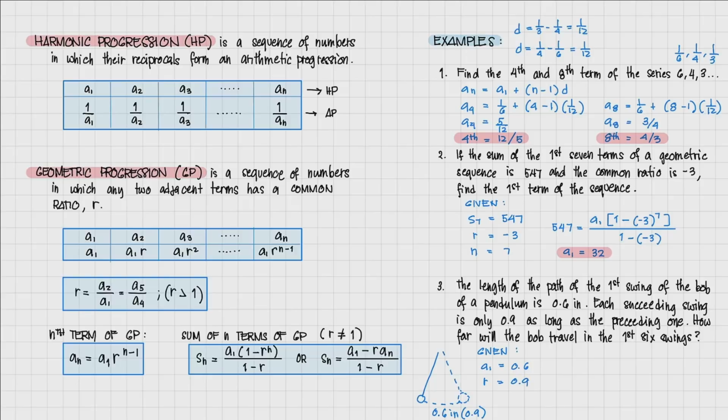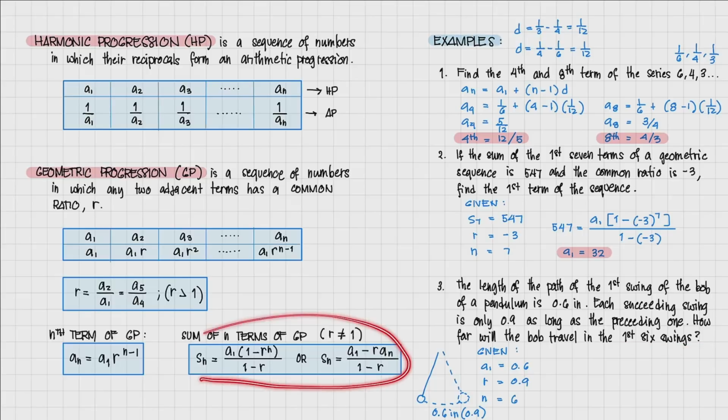And from the problem, what we're interested in is the first 6 swings, so our n would now be equal to 6. And we're trying to look for the sum of the first 6 swings.